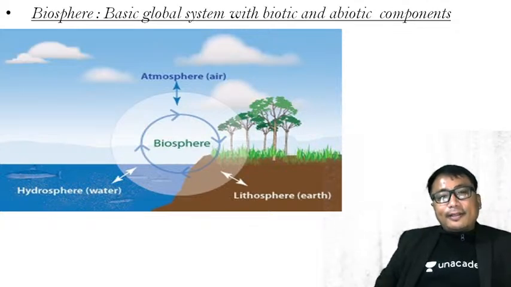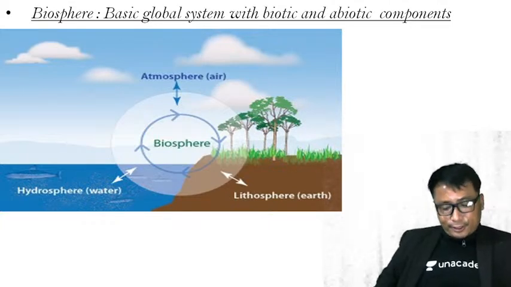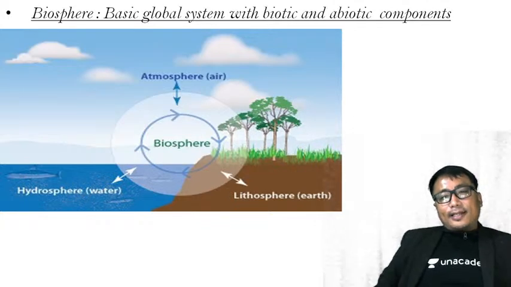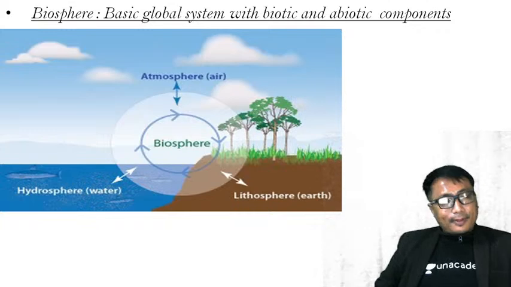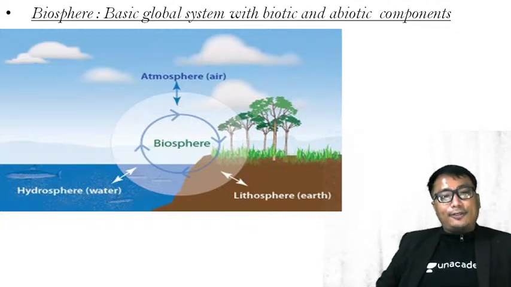In the diagram in front of you, it gives a fair idea about the biosphere. On one side you have the atmosphere, that is air, which is required. Other is the earth, that is the land area, known as the lithosphere. And the water, that is the hydrosphere.